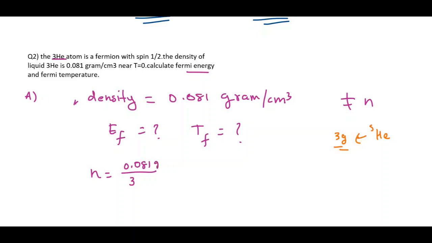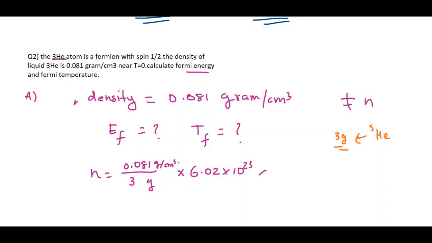This is gram per centimeter cube, and gram will cancel. This is number of moles, given mass by molar mass. This multiplied with Avogadro number 6.02 into 10 power 23.